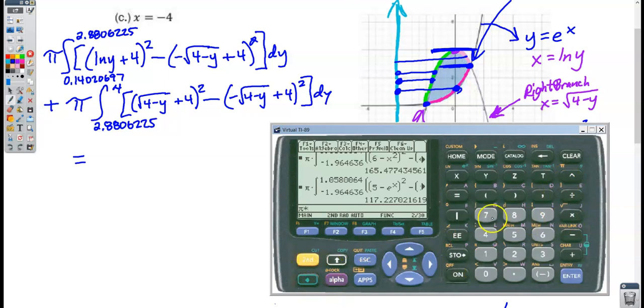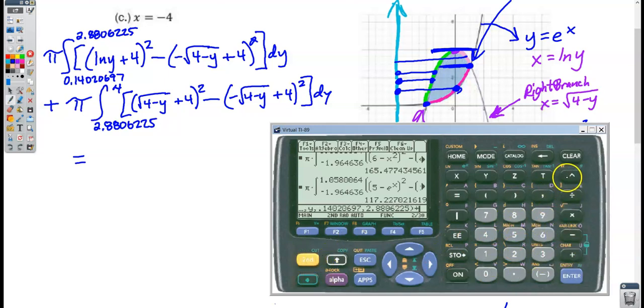Pi times the integral of the quantity natural log of y plus 4, quantity squared, minus quantity negative square root of 4 minus y, close the square root, plus 4, close the quantity, squared, with respect to y, from 0.14020697 to 2.8806225.